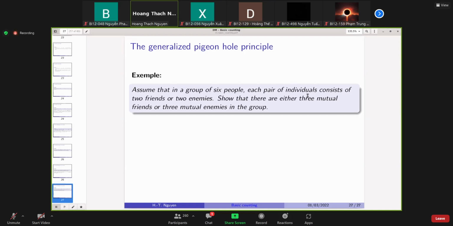So each pair of people is either 2 friends or 2 enemies. The question is to confirm that there is a group of 3 people who are either friends to each other or enemies to each other. Do you understand the question?